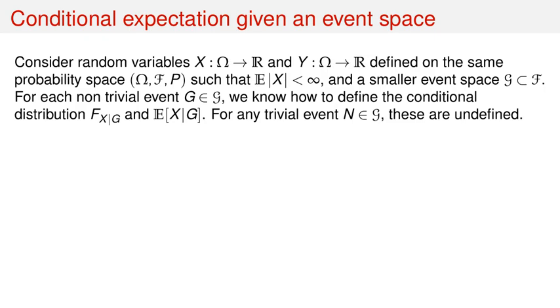Let script G be a smaller event space, a sub-sigma algebra of script F. For each non-trivial event G in script G, meaning the probability of G is positive, we know how to define the conditional distribution F_X given G and the conditional expectation of X given G. These are undefined for trivial events N in script G, those with probability 0.